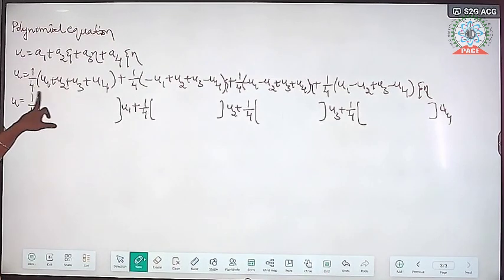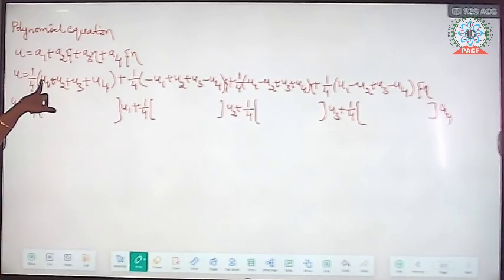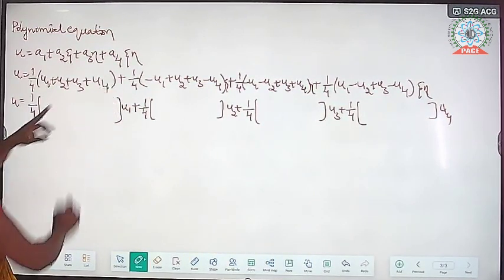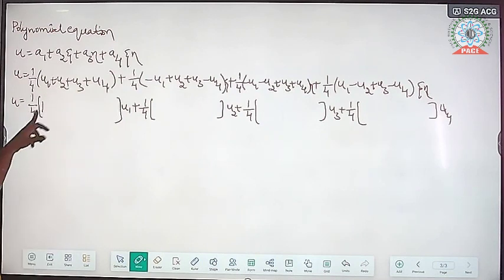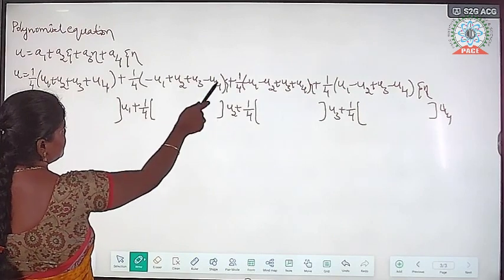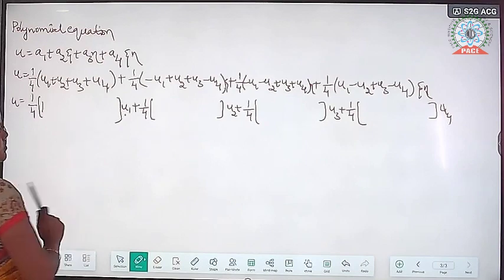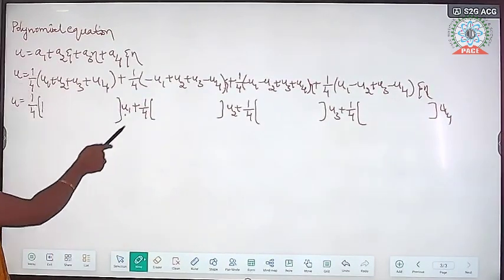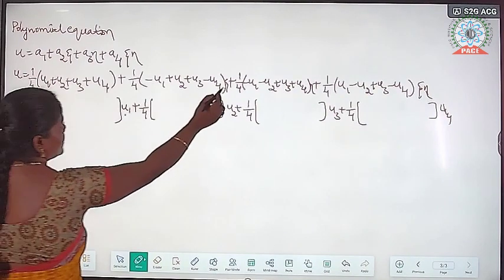So here u1 term is plus u1, and no multiplying term is there, so u1 is taken as common with 1. Again the next equation, here xi is there. So xi into minus u1. Here u1 is already taken as common, so minus u1 into xi, the remaining is minus 1 into xi, minus xi.